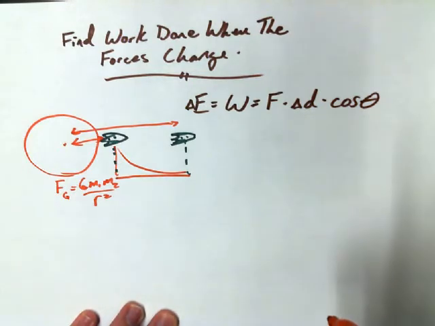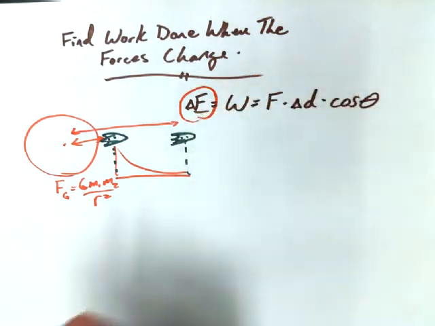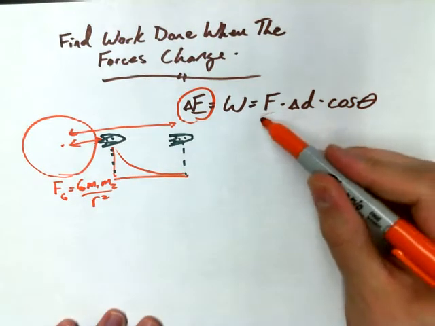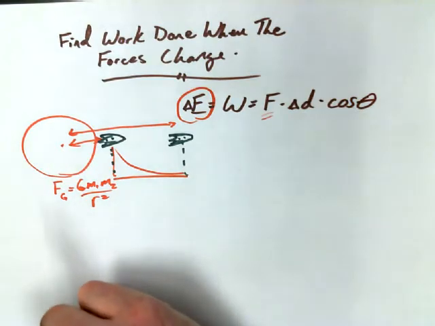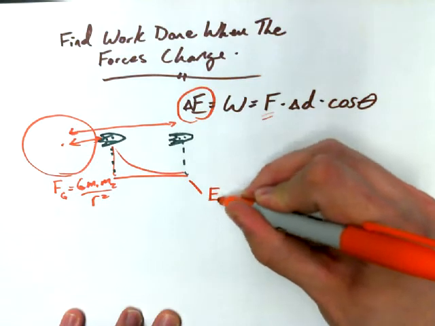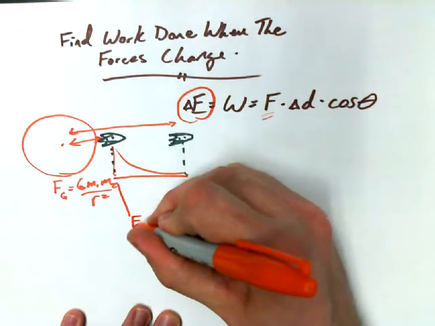That's a tricky thing to deal with, except when you remember that work is the change in energy that you've either given to something or taken away from something. Because although it's going to be hard to calculate force times displacement where force varies, what I can do is calculate what EG is at this position and what EG is at this position.